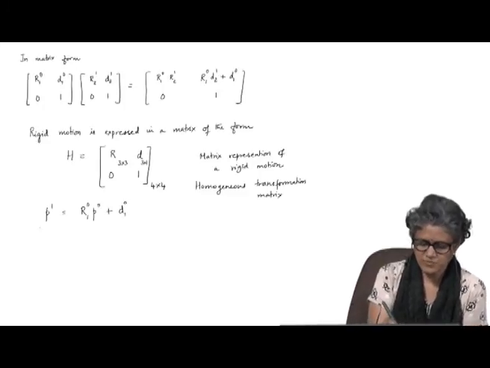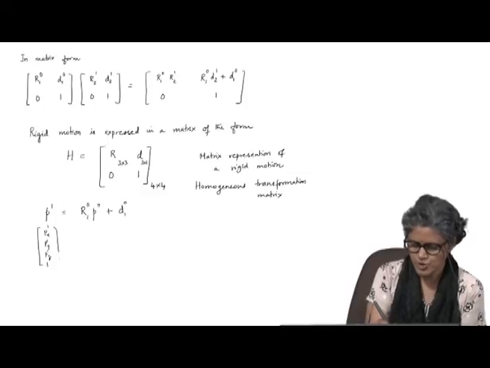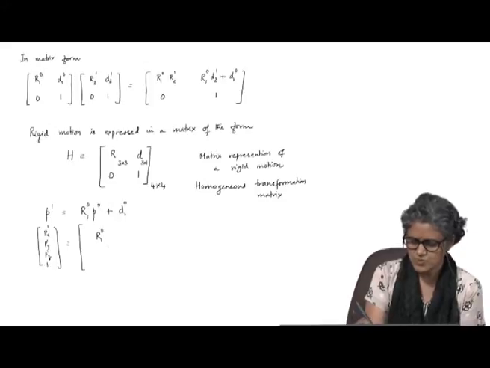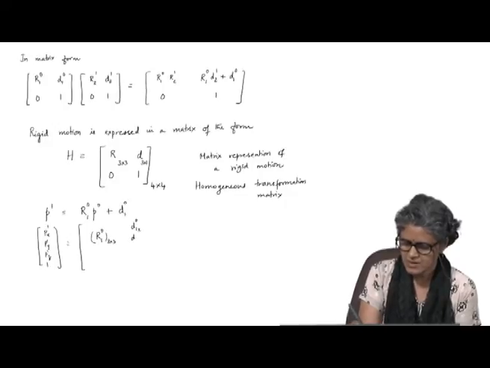So, essentially what we have done is, I put a 1, a fourth column I add, and here I have the R10, which is a 3 by 3, okay, and this is D1x, D1y.